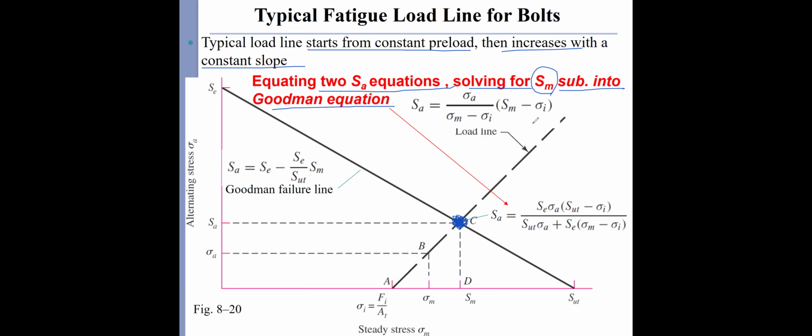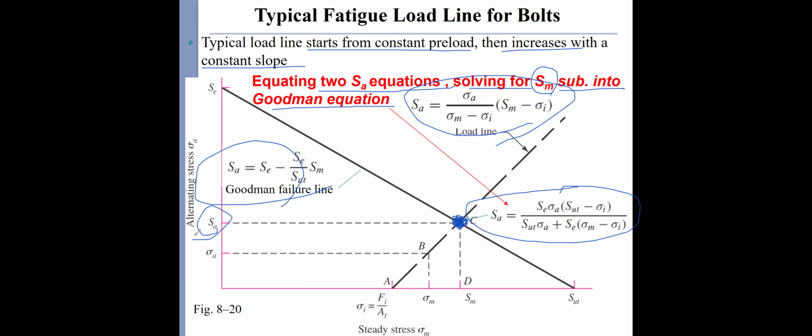So we have the loading line equation and the Goodman equation, and we can figure out the intercept of its alternating stresses. We can get the alternating stress SA and the SM at point D here.